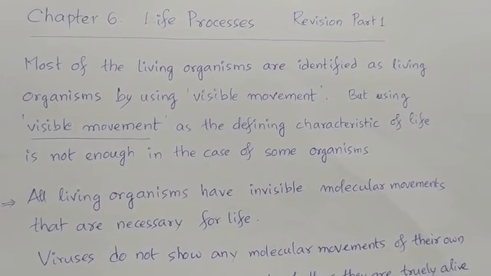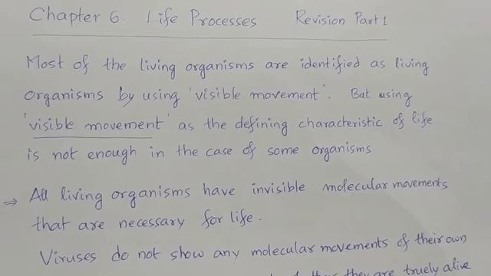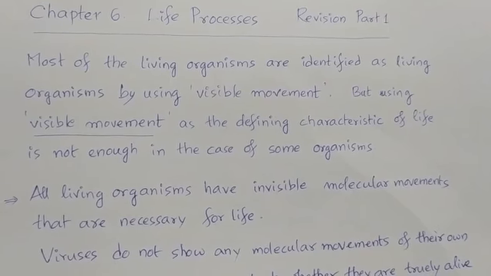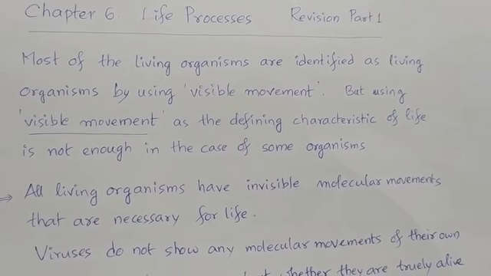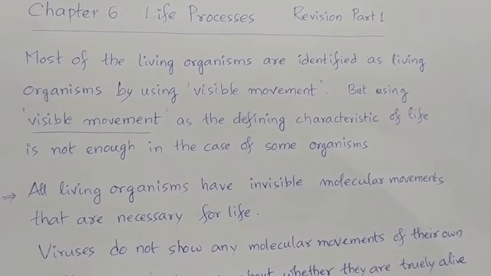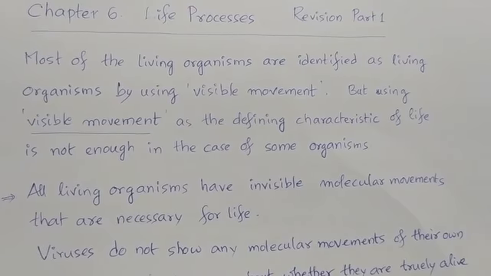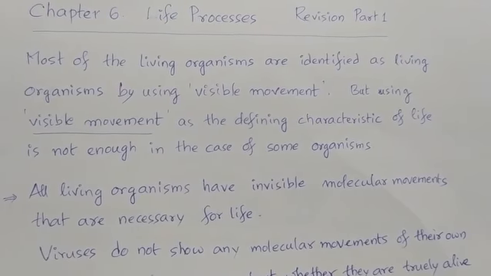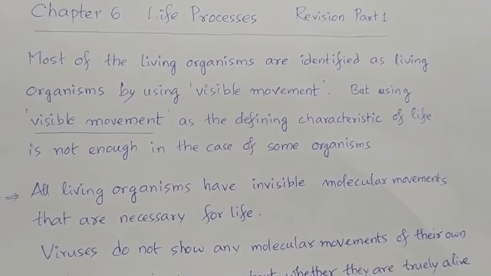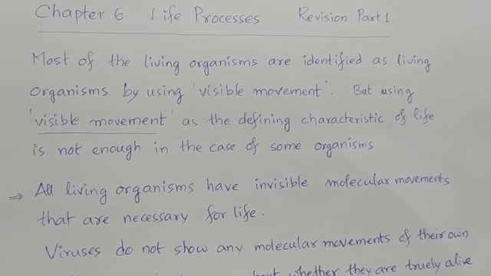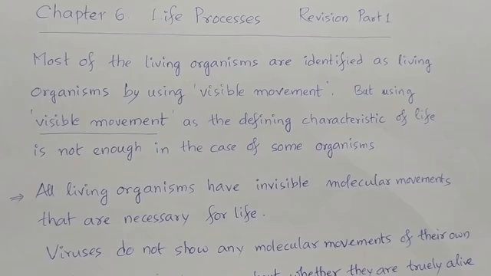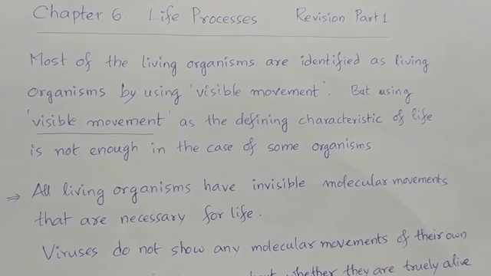Life means flow of energy, which is present in living organisms. How can we identify the living organisms? Most of the living organisms are identified as living by using visible movement as the characteristic.